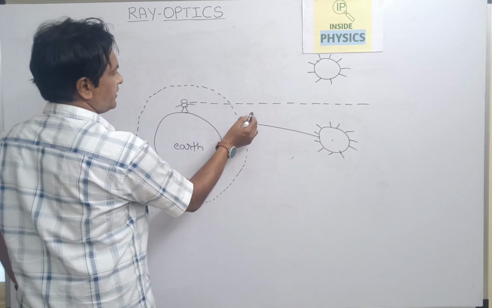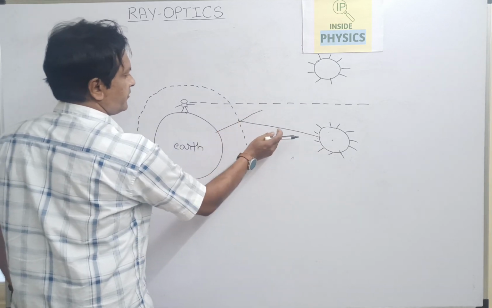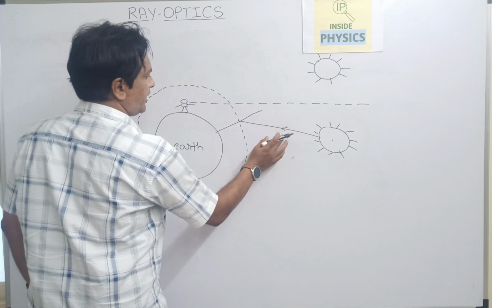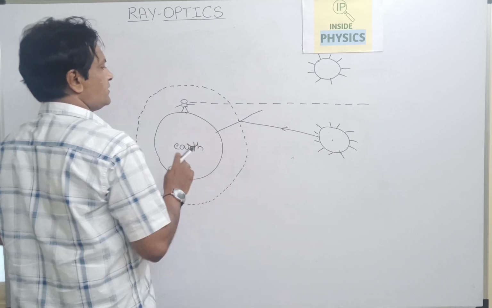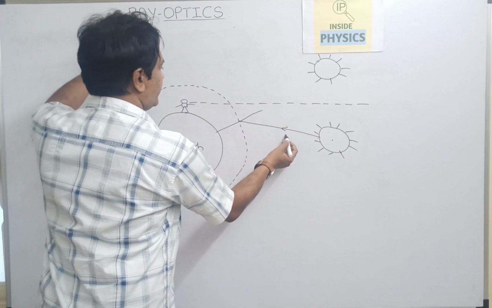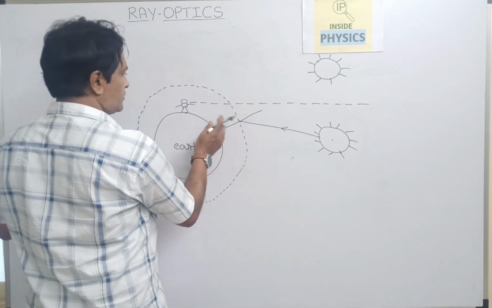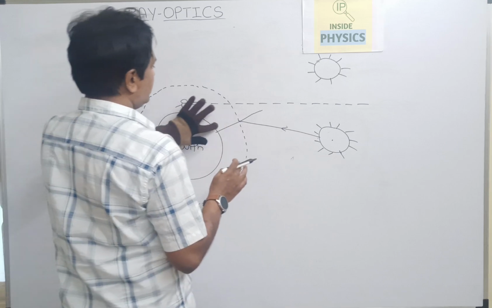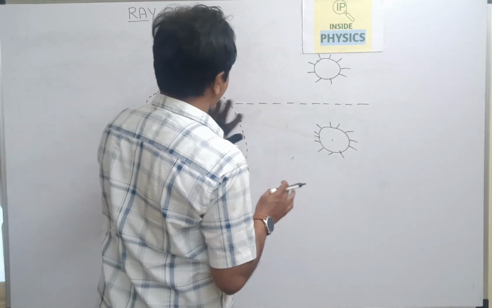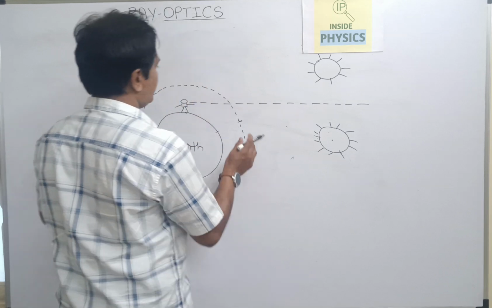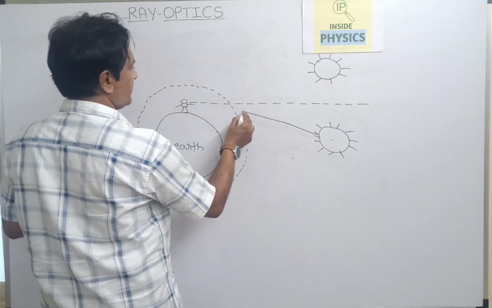When you draw the normal to this surface, the light is entering from a rarer medium to a denser medium, so it obviously bends towards the normal. We need to consider this ray incident nearer to the observer, so we can see the diagram better.